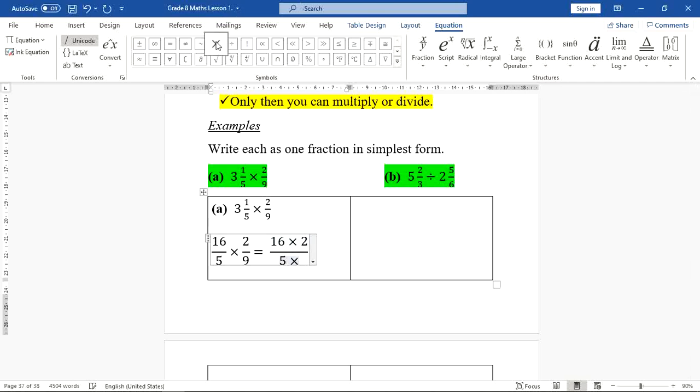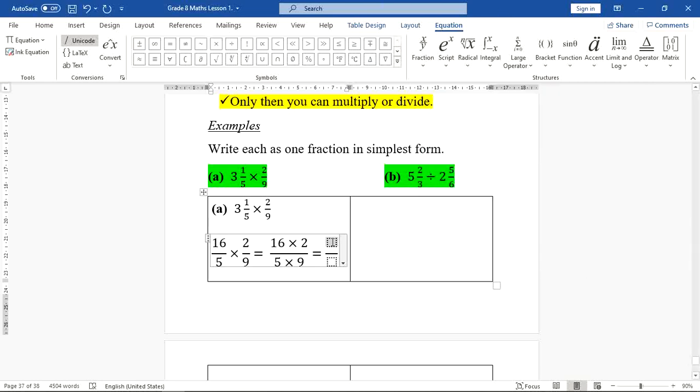Okay, so let's see if you can remember the answers or the multiples. What is 16 times 2? That will give us 32, and 5 times 9 will give us 45. You can confirm on your calculator if you are doubting. So 32 over 45.